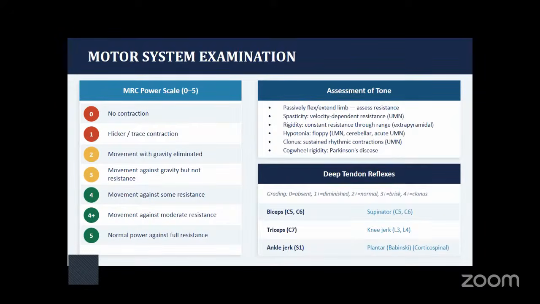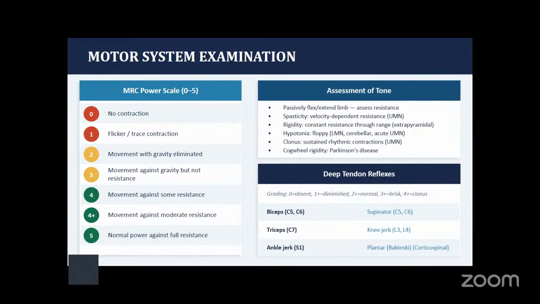We have to assess for the tone. So this is done across all limbs. Passively flex or extend the limb, and just see how much resistance there is to movement. So there is spasticity, rigidity, hypotonia.